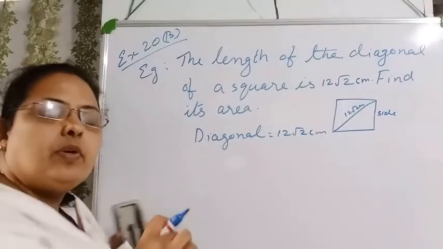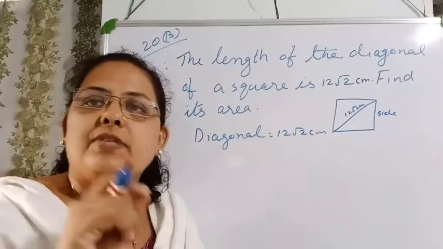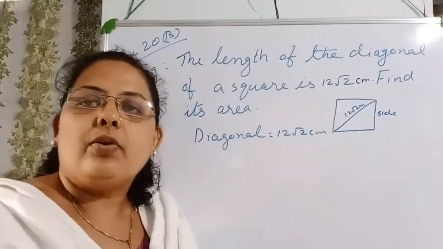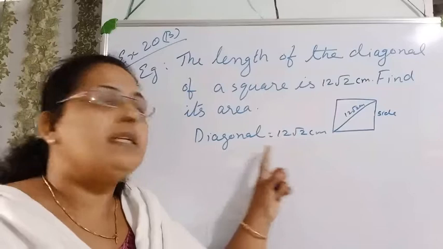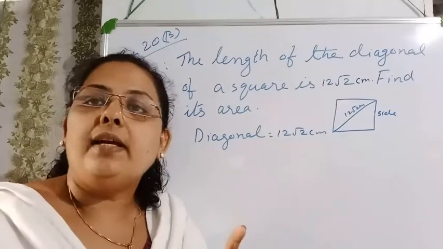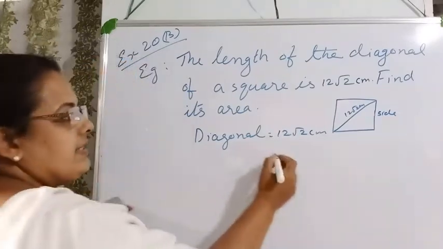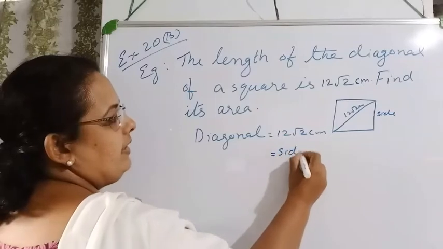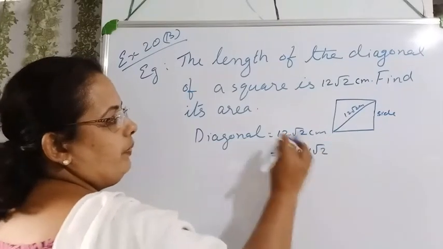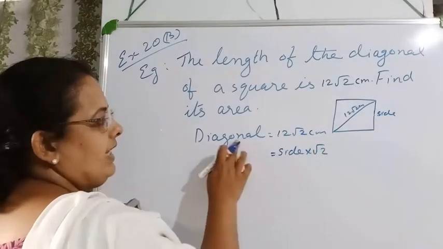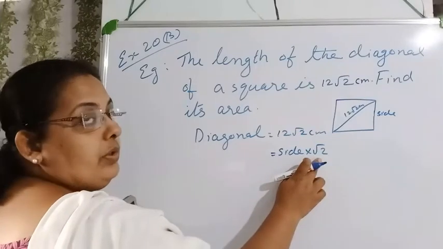Earlier in this class when we wrote some formulas, we wrote that for a square, diagonal is equal to side into root 2. That is, 12 root 2 equals side into root 2.